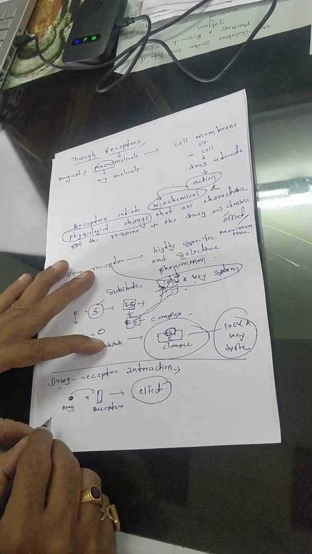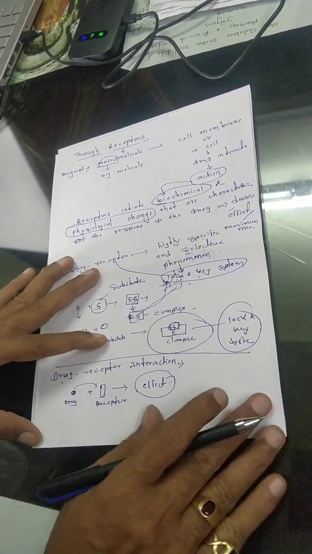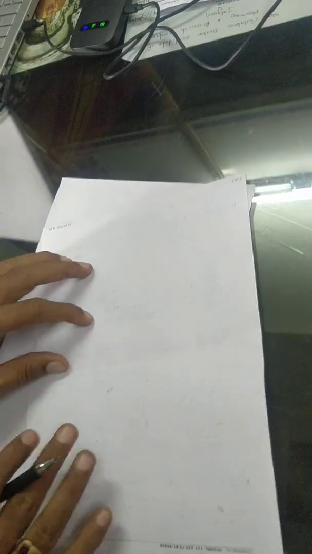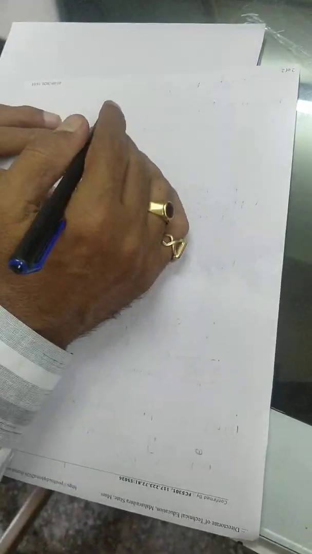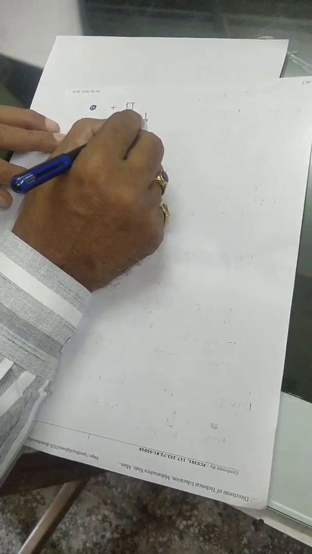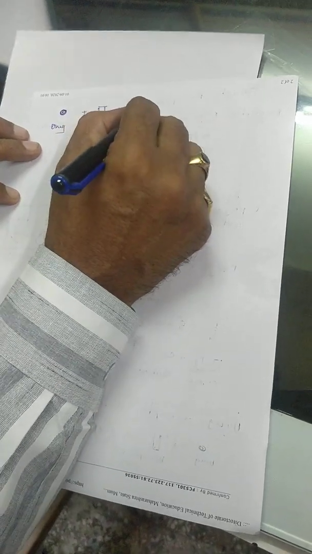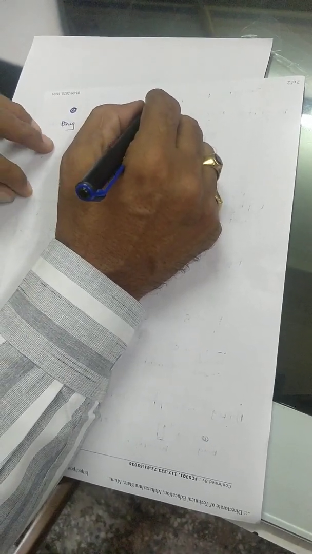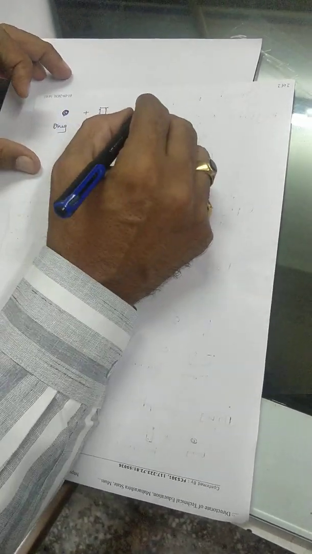Now the ability of the drug to bind to the receptor. The drug and receptor form a complex, and the drug has the ability to bind to the receptors.